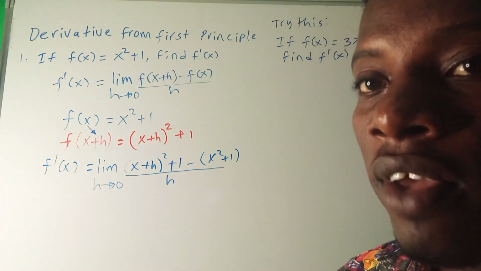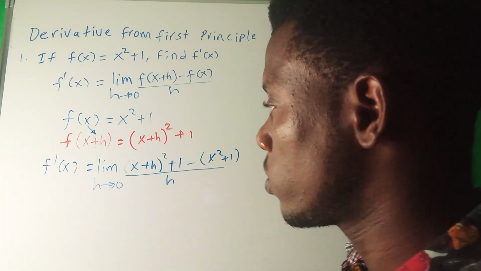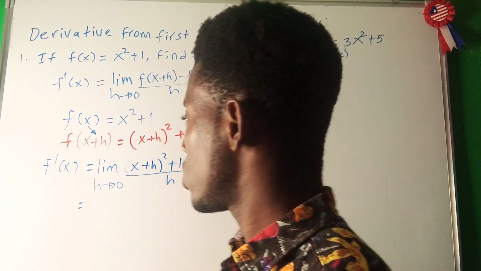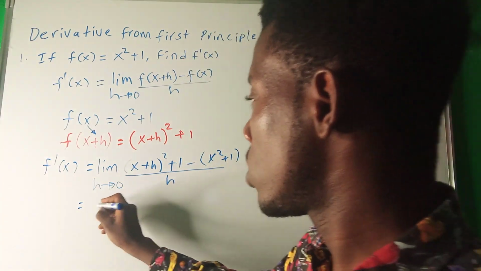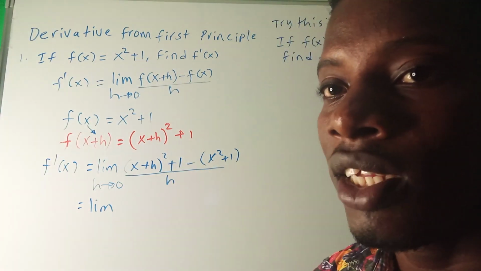So you replace the value of f of x plus h, and then you replace the value of f of x, and you simplify the result. Now, x plus h all squared plus 1, let's simplify.